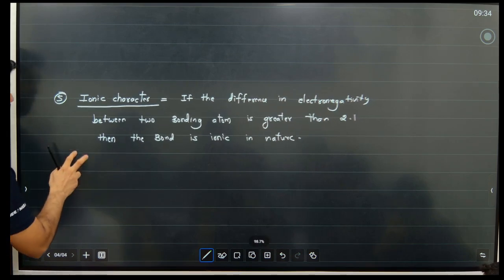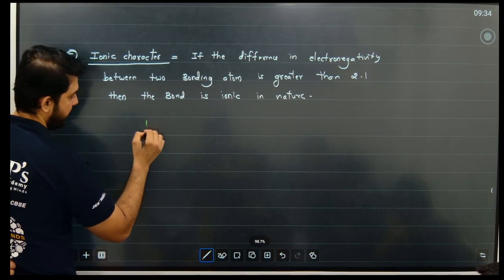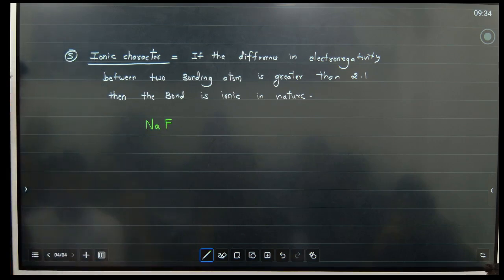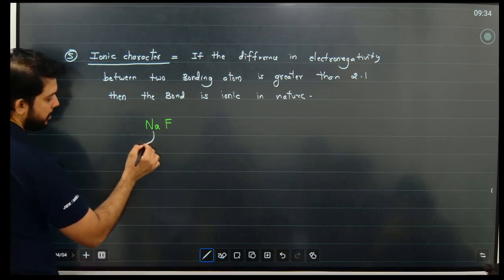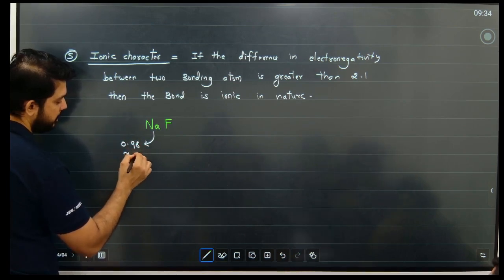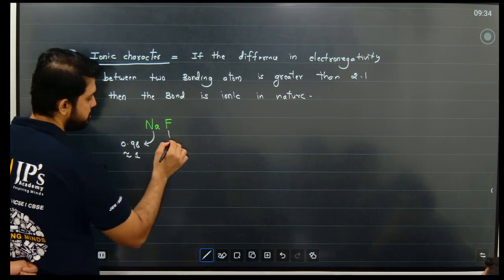Simple example लेते हैं. Let's take Na and F. हमने क्या approximate value लिया है for sodium का on Pauling scale 0.98 को हमने बोल दिया था चलो approximately 1 ले लेते हैं. And fluorine का is how much, people?